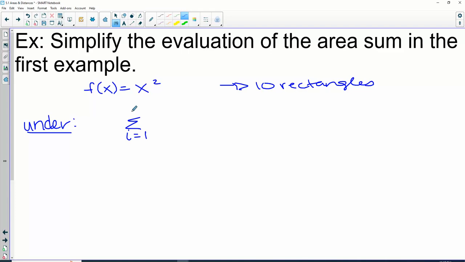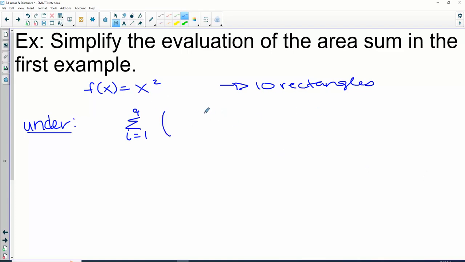So our first rectangle, at 0, isn't accounted for. We're adding 10 rectangles, but the first one is when x is 0, and it gave us nothing anyway. So we're going to add up from 1 to 9.